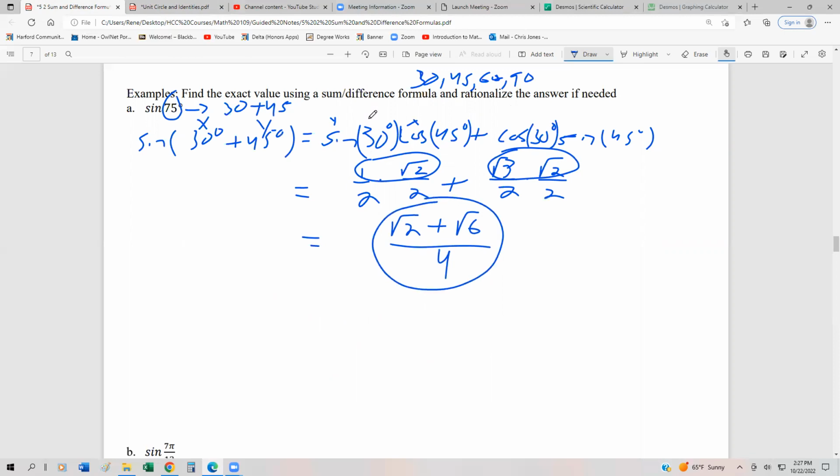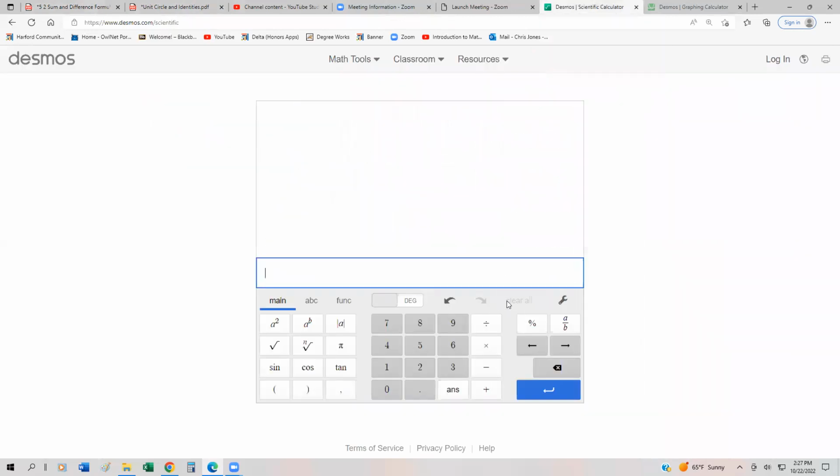Now, we can certainly use a calculator to check this. In our calculator, I'm going to use a quantity here: the square root of 2 plus the square root of 6, and then we divide that by 4.